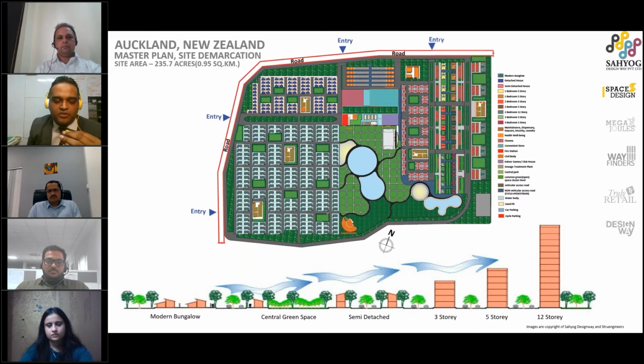Then we came up with various typologies of bungalows, and that's what we are going to talk about. Of course, the hierarchy of the wind velocity and other factors, and how we have planned the structure, is shown here, along with the various module types and details.